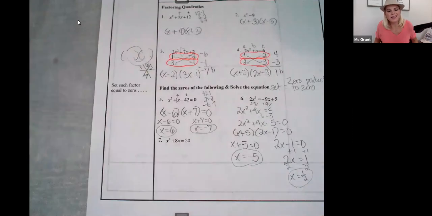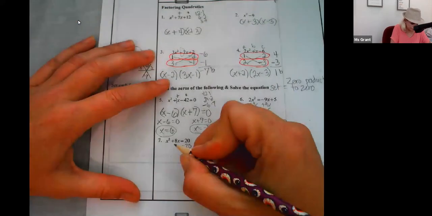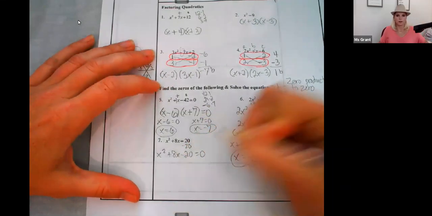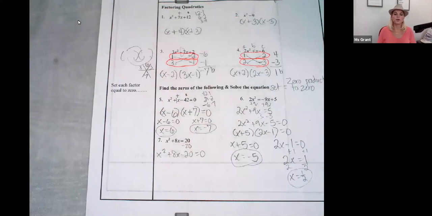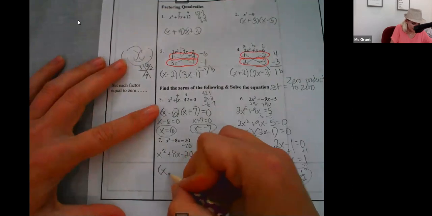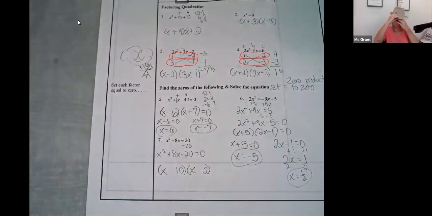Last one. Oh, just the 20 is not there. Okay, move the 20 over, minus 20. Two numbers that multiply to make 20 but add up to 8. 10 times 2. That's it, the first one I said. x something 10, x something 2. I want a positive 8.